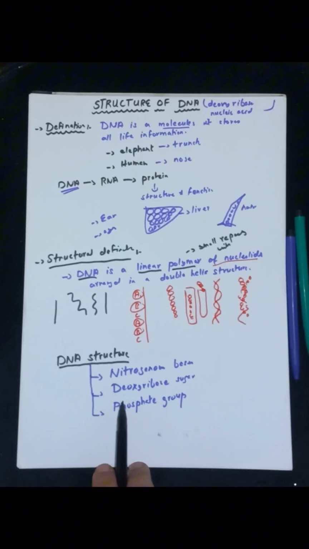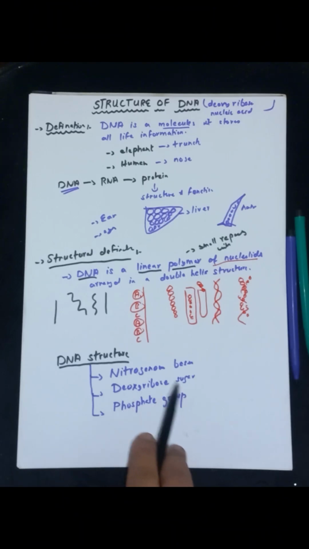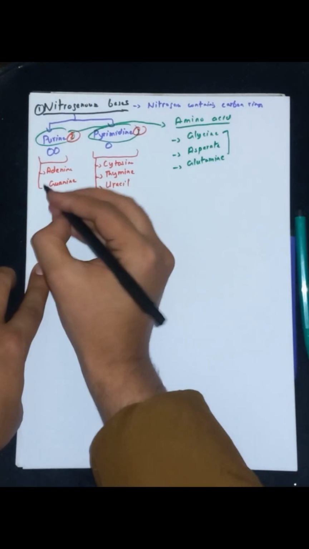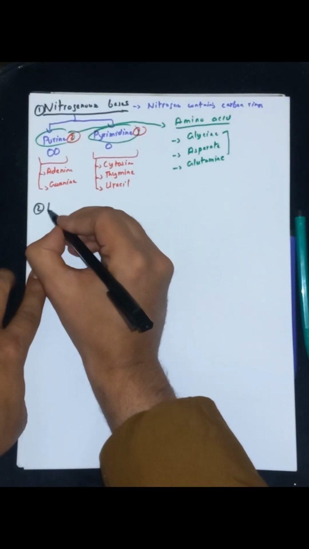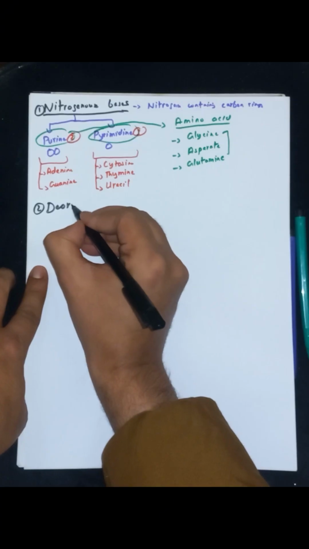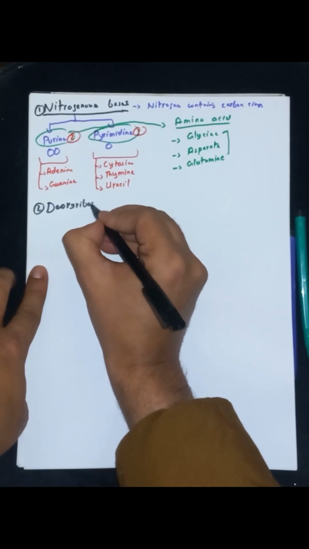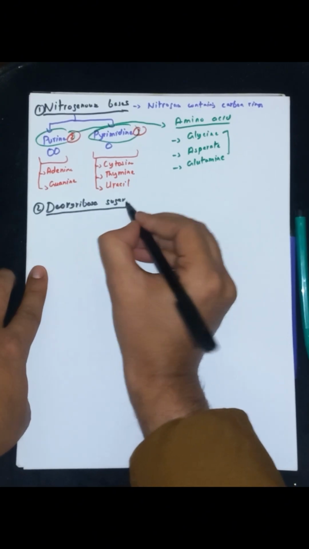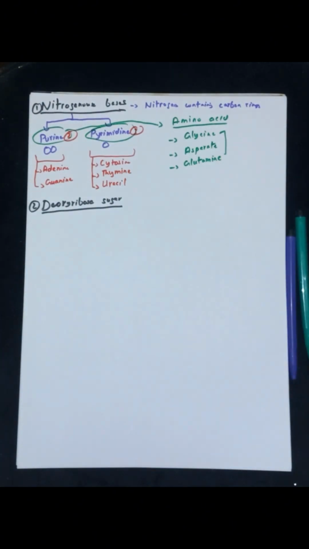The second thing is deoxyribose sugar. So let's discuss what a deoxyribose sugar is.